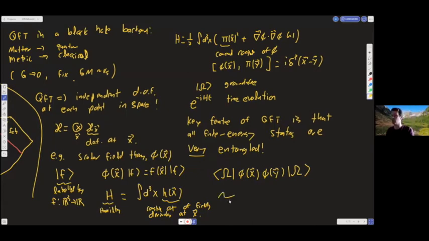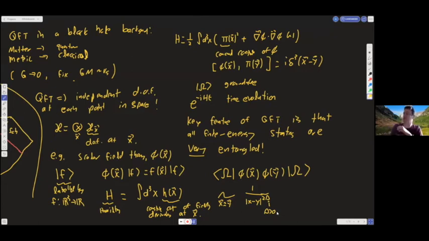When x is close to y, this is going to scale like the distance between the two to some power 1/2 delta, where this delta is greater than 0, usually called a scaling dimension. What that means is that as you bring the fields closer together in space, their correlation gets bigger and bigger, and in fact is unbounded. It can get as big as you want.